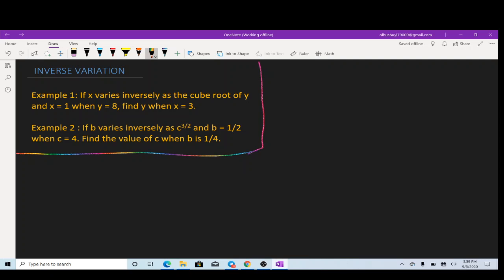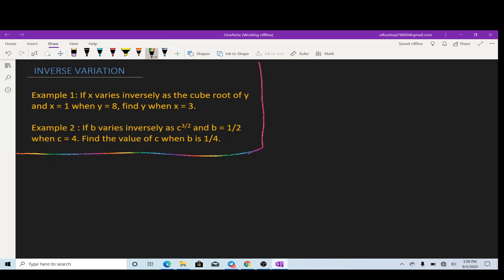It means as one increases, the other decreases, or as one decreases, the other will increase. So the relationship between them is not direct, it's inverse. As one increases, it will cause the other to decrease.